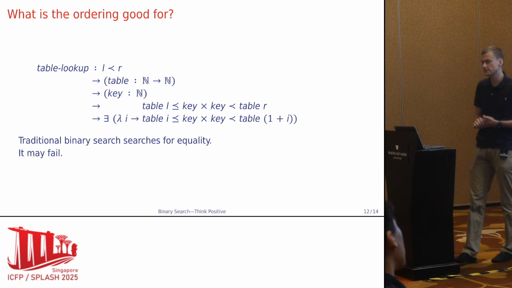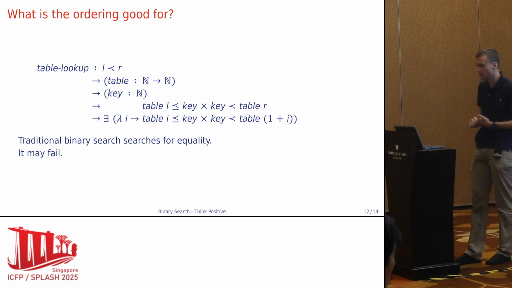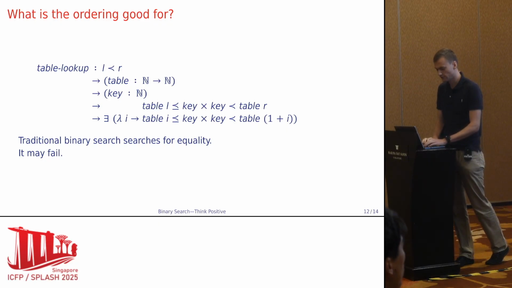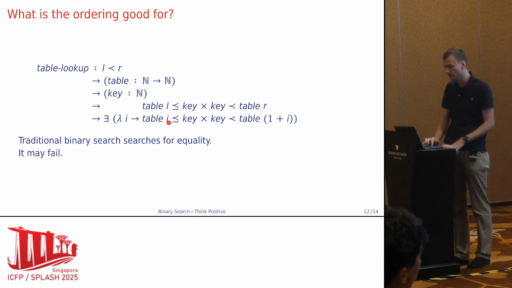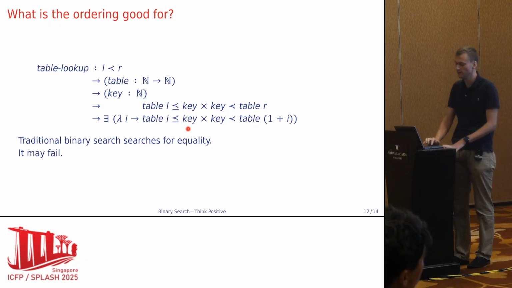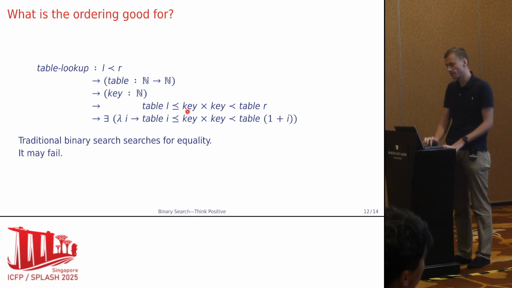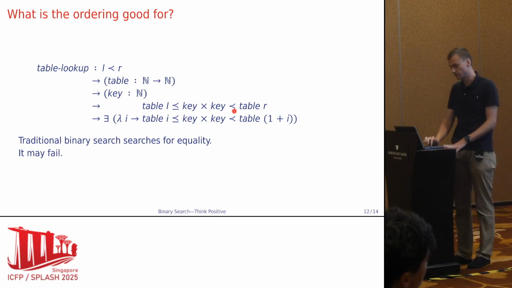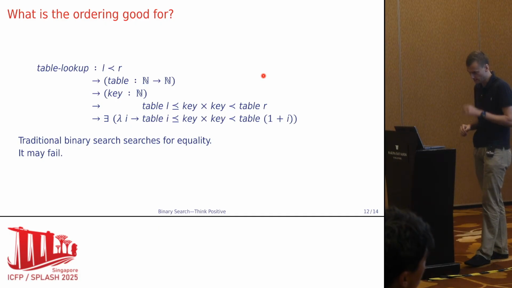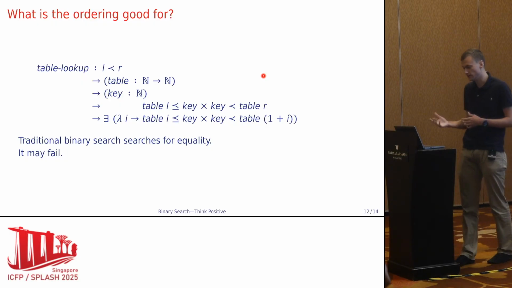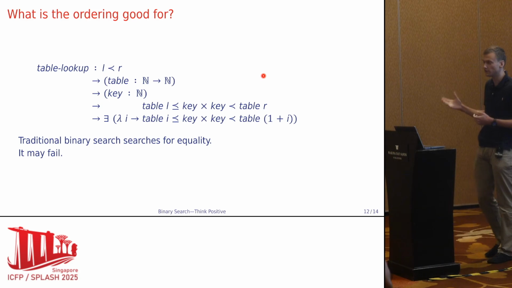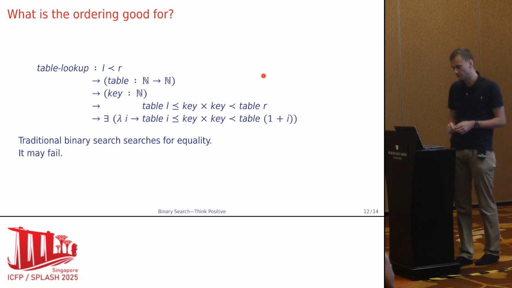And now, instead of looking for equality somewhere, we promise to return an index I such that table(I) is less than or equal to key, and key is less than table(1 + I), provided that key is greater than the leftmost element and less than the rightmost element.